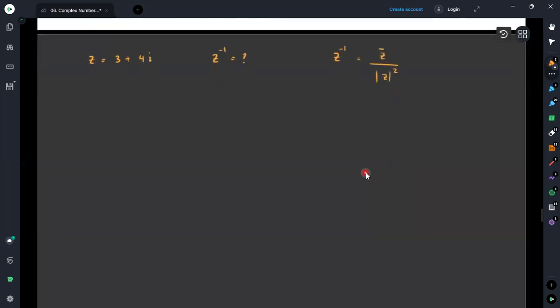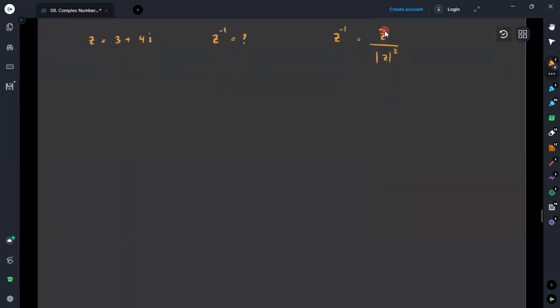Therefore, we need to get the conjugate first, and thereafter the modulus of z as well. The conjugate of z, z bar, is 3 minus 4i. Then the modulus of z is the square root of 3 squared plus 4 squared.